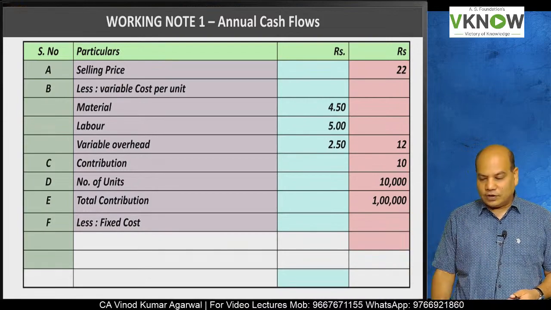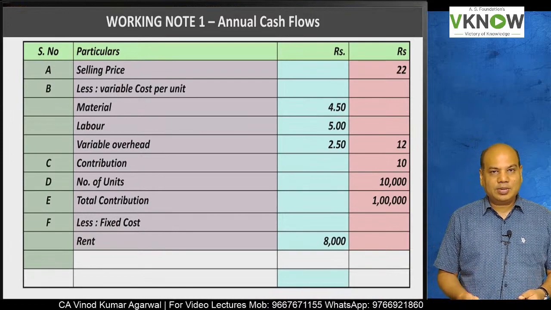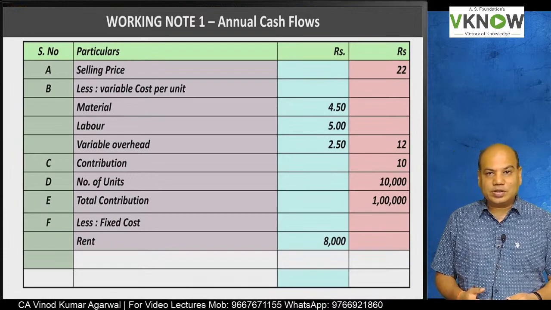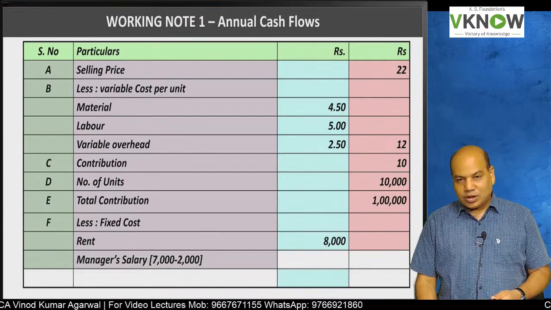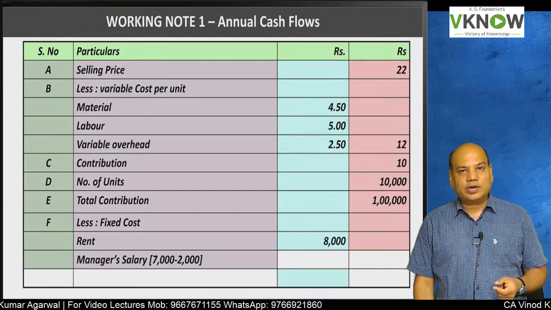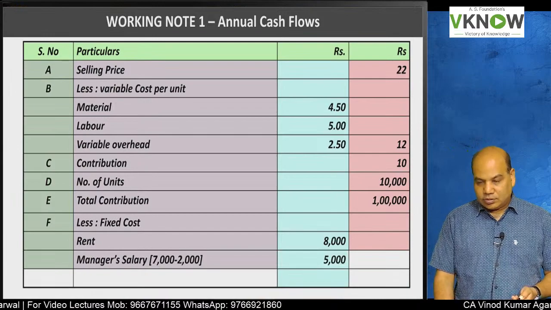Okay, not all the fixed cost. So under that one is rent, which is incremental rent because it will be paid only if the company manufactures Agni. And second, manager salary, the incremental portion is relevant, 7,000 minus 2,000, and that is 5,000.